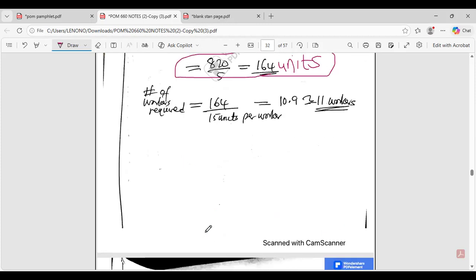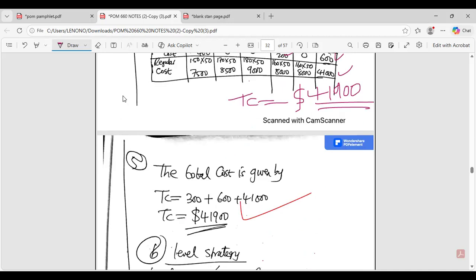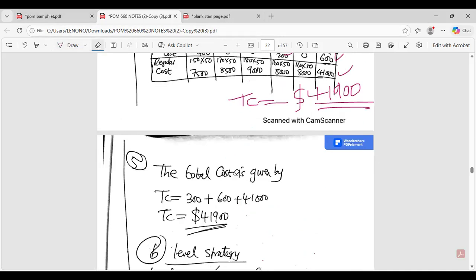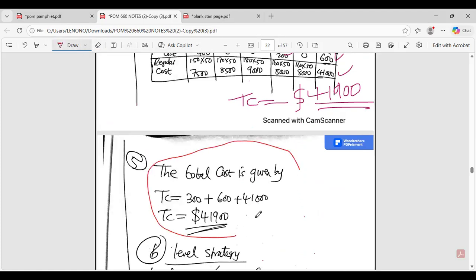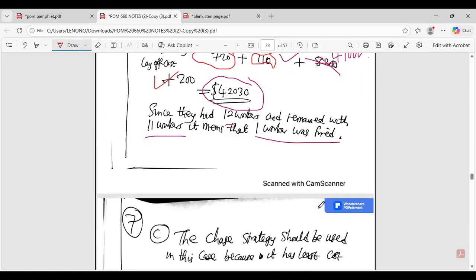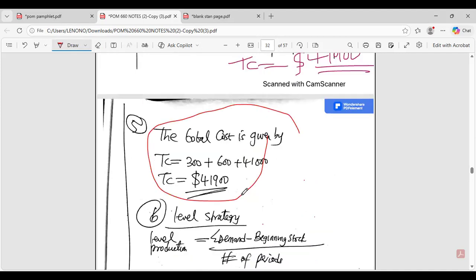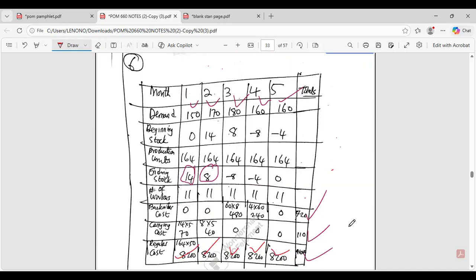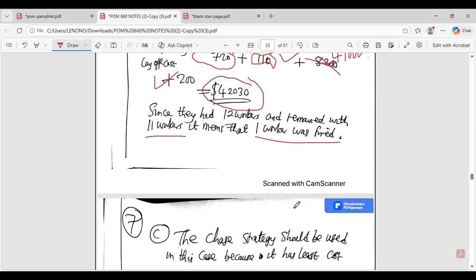So you compare the cost of the chase strategy. The cost was 41,900, right? For the chase, 41,900. And then that of the level, we have how many workers? This is the cost, 41,900. And then this other one, what are we having? We have how much?